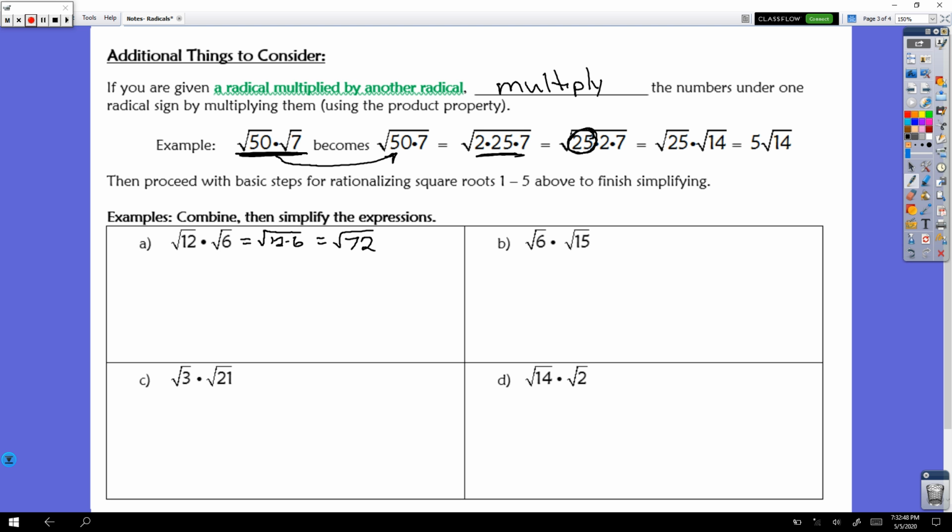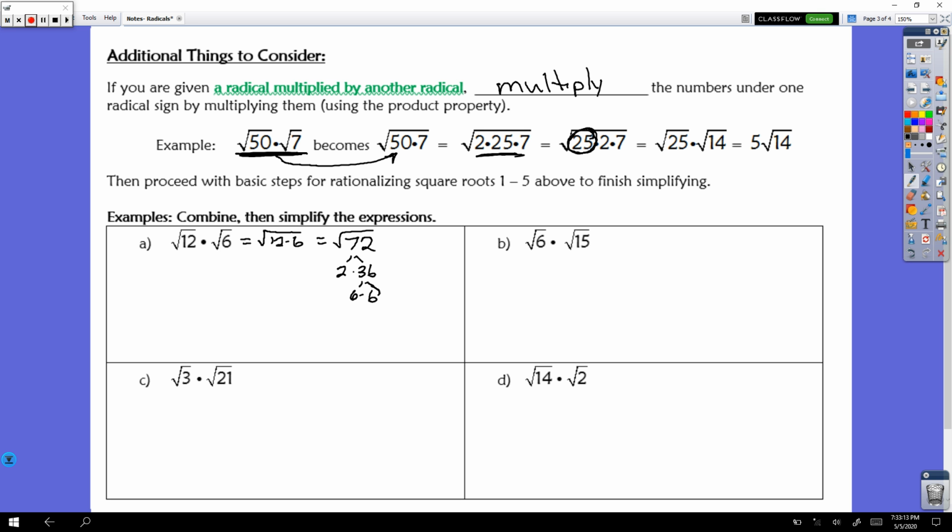Now I'm going to go through and break it down. If you do the perfect square method, 72 would be 36 times 2. But breaking it down, 72 would become 2 times 36, and 36 we can just say 6 times 6.